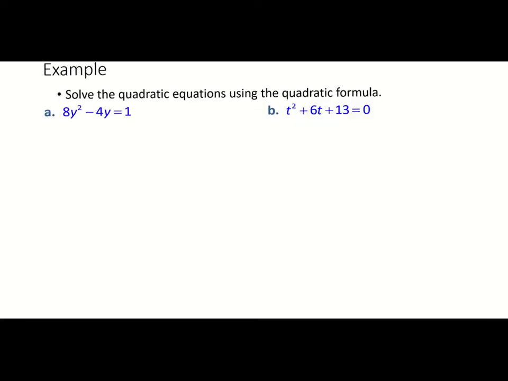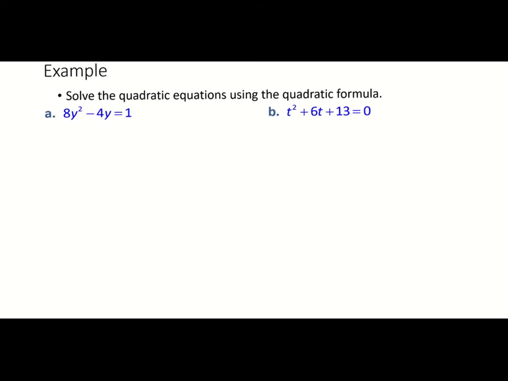Okay, and now we're going to take a look at B. B is already in standard form, so we can look at it with A. Now I don't have a number here, so my A is going to be 1. B is going to be 6, and C is going to be 13.